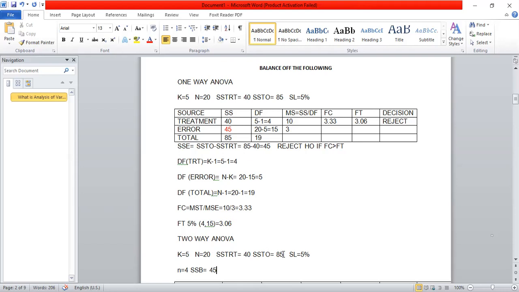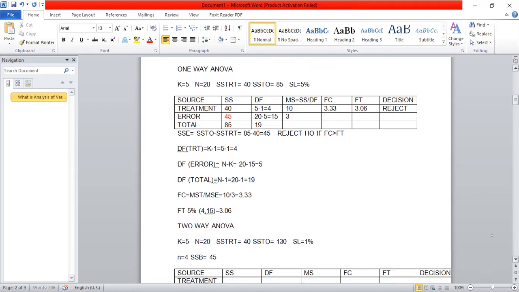Then here our sum of square total was 130, and level of significance 1%. So let's go through the way we're doing it.